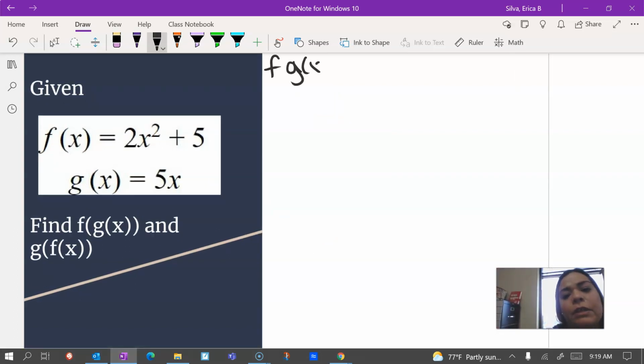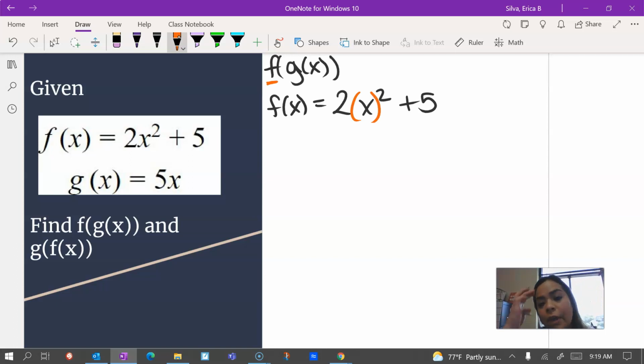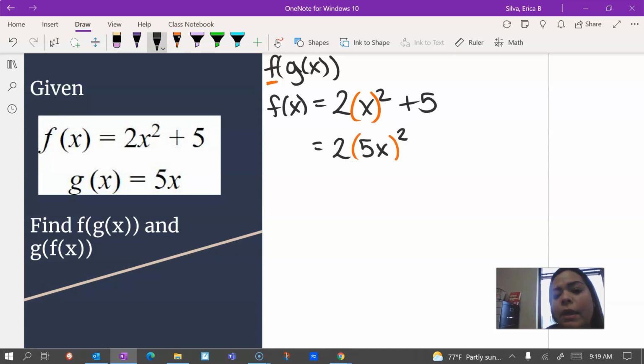For f of g of x, f is on the outside, so that's going to be our main function. Let's rewrite that one. We put parentheses around the x value only, and instead of x, we will plug in g of x, which is 5x. Notice how that squared is outside of the parentheses. And when we use PEMDAS, we need to do exponents first.